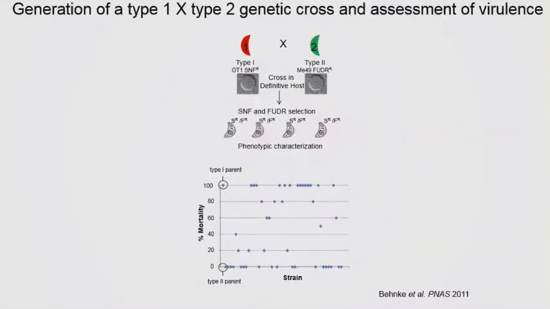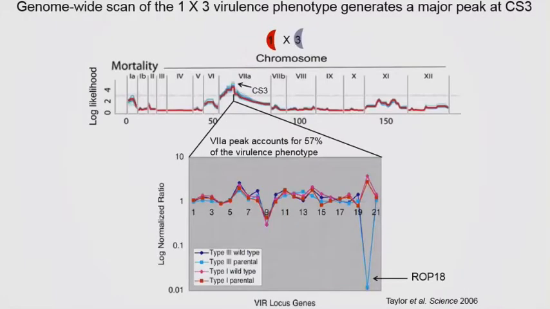And it's actually an active kinase that's secreted inside the host cell and is critical for virulence. So if you express Rhop18 in a type 3 parasite, it turns it into a virulent parasite, just that one gene.